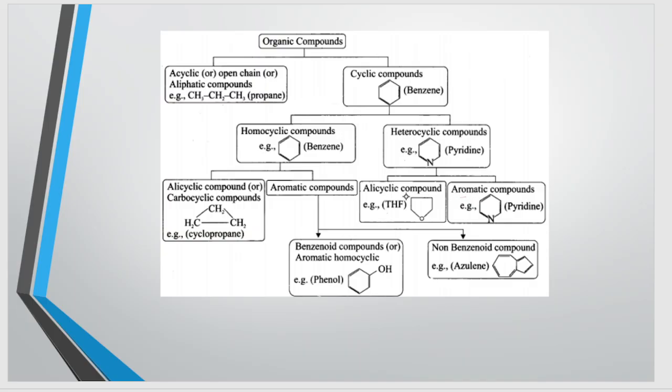Other than benzene type compound is called alicyclic, right? And in the case of benzenoid aromatic compounds, phenol is the example, for non-benzenoid aromatic compound, azulene is the example, and alicyclic compound means cyclopropane is the example. Okay, this is about the classification.